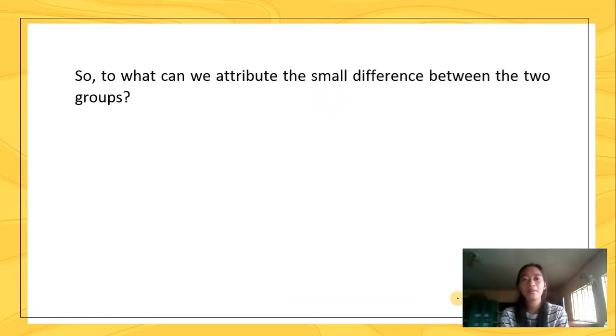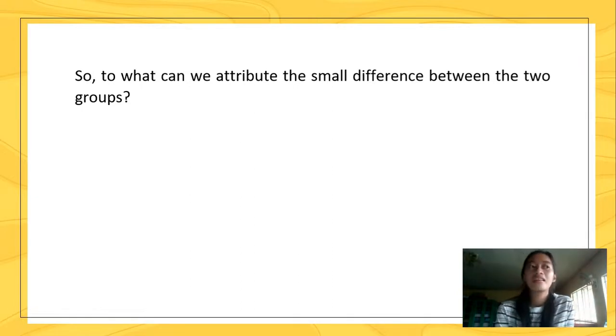Okay, so what can we attribute the small difference to? The scores are different. One is 5 point something, they are not the same, and when you look at the numbers they differ, and when you solve the mean, the mean of group 1 is 5.43 and the mean of the other group is 5.53.